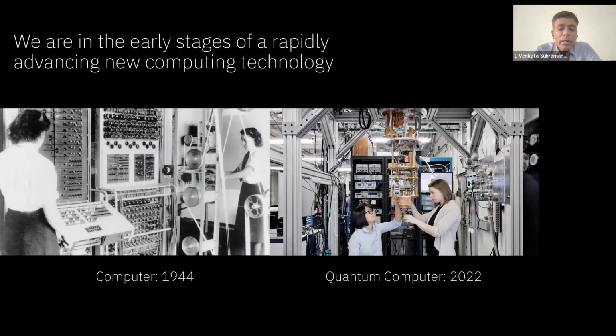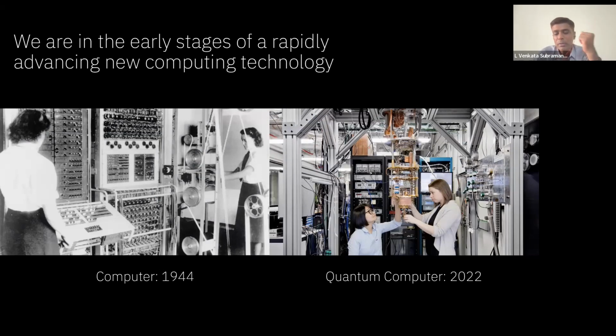But where is quantum computing today, right? So quantum computing is at a stage where the early computers were, many years back. And that's the stage at which quantum computers are. You know, even in the 80s and 90s, when I studied, when we would enter the computer lab, we would actually take off our shoes.